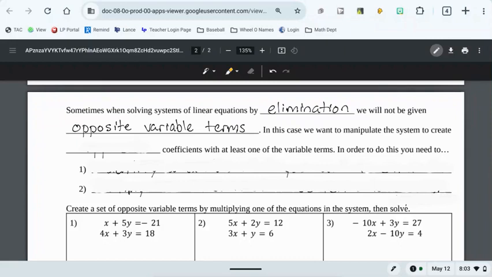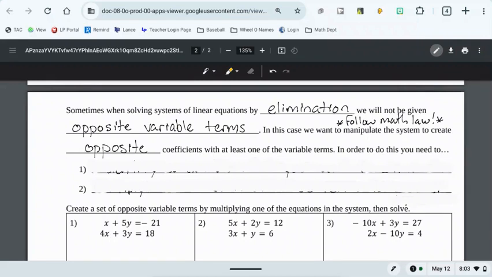In this case, we want to manipulate the system, which means we want to follow math law. We can't just do whatever we want. We still have to follow math law, but we can do that in a way where we manipulate the system to create opposite coefficients of those variable terms with at least one of the variable terms.